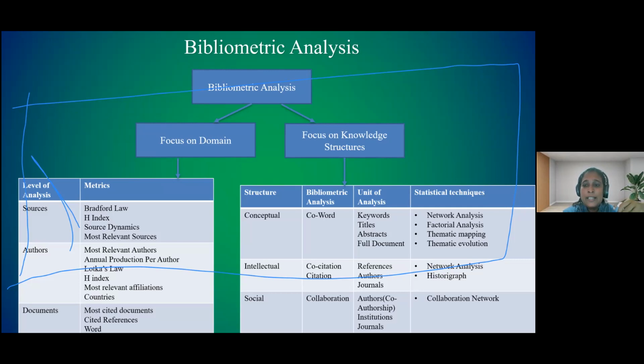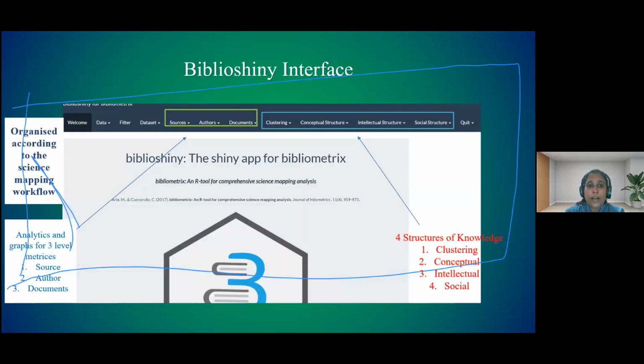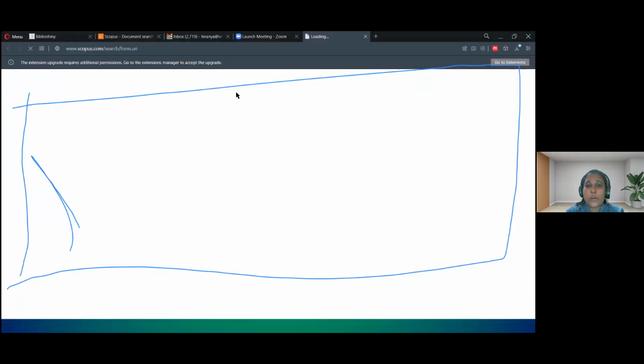Here we are considering sources analysis, authors analysis, and documents analysis. Then this is the bibliometric database. I will directly go to how to do this.